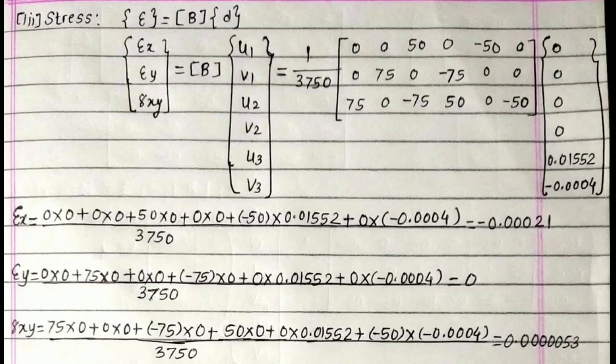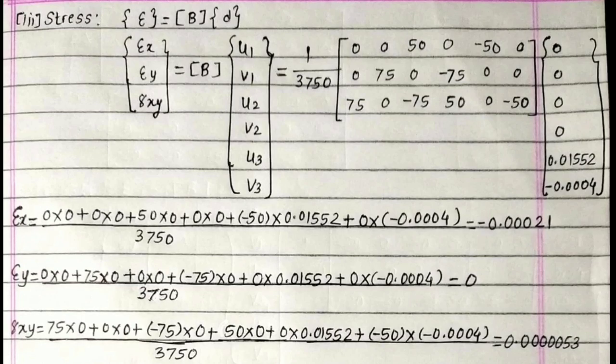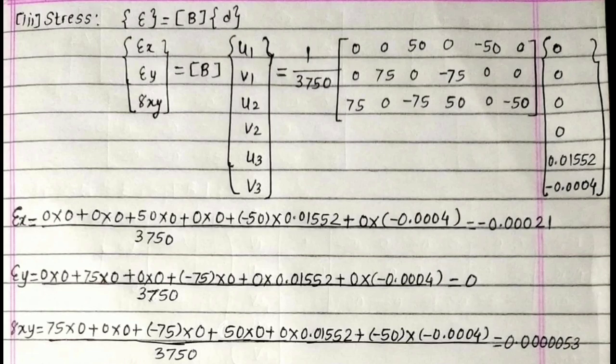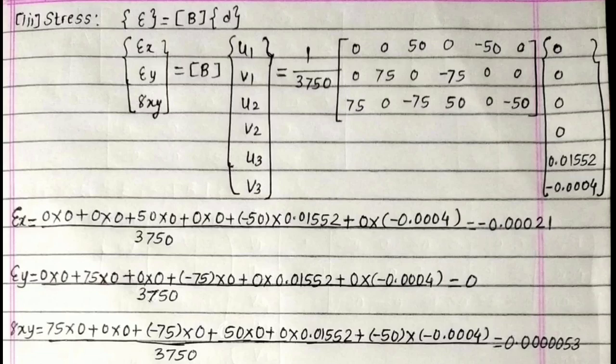Now I will calculate strain epsilon y as the second row multiplied by the column, that is 0 into 0 plus 75 into 0 plus 0 into 0 plus minus 75 into 0 plus 0 into 0.01552 plus 0 into minus 0.0004, divided by 3750. So I will get its value equal to 0.